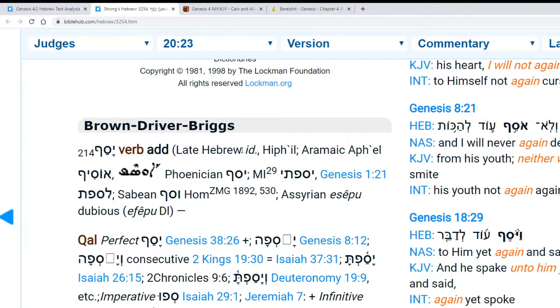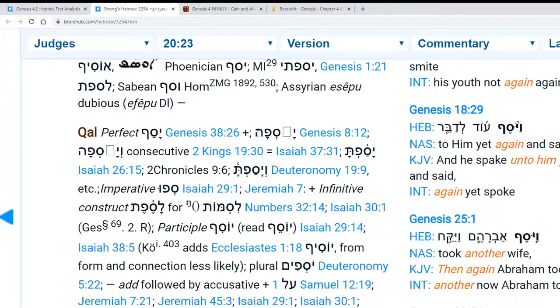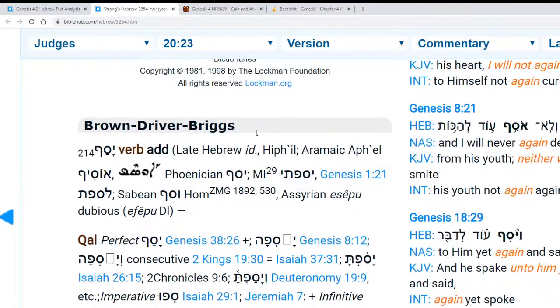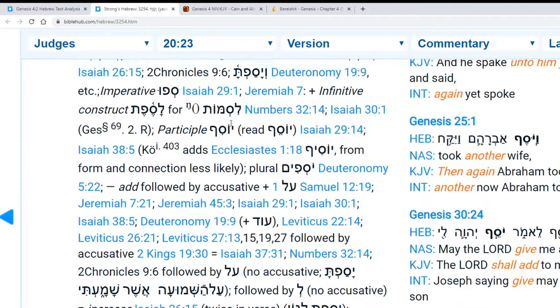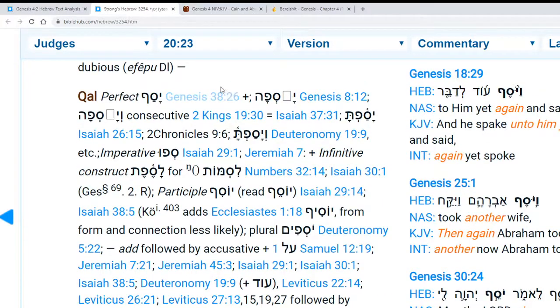I could also see somebody saying that it's actually, here they have sin pe hey, right? So Brown Driver Briggs, I guess, is a different concordance, and I'm not familiar with it. It's doing it a different way.